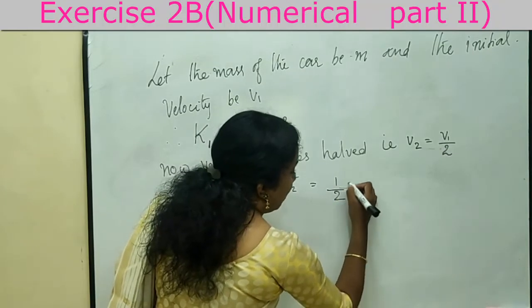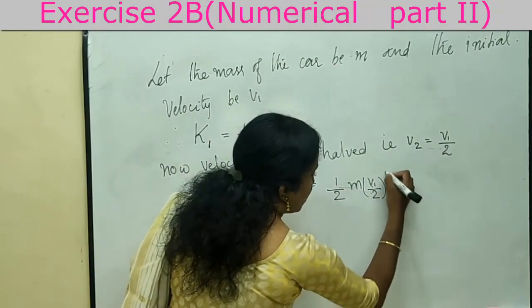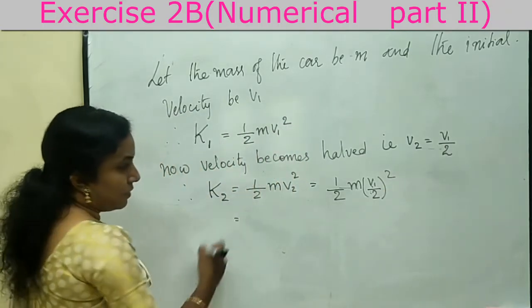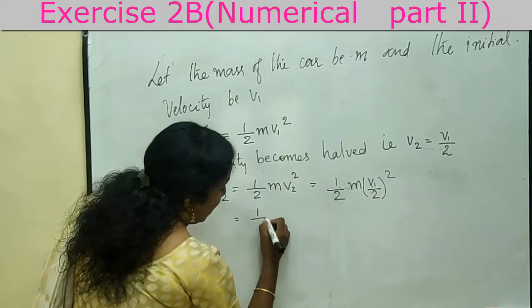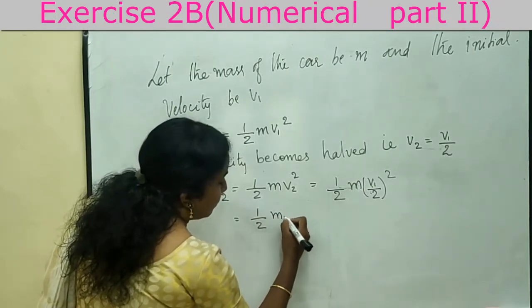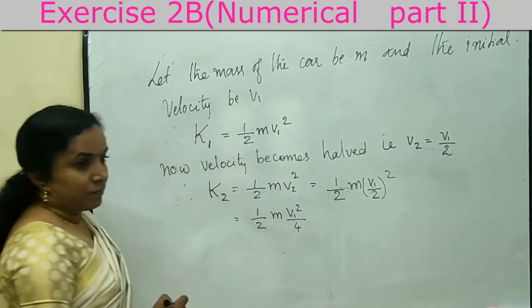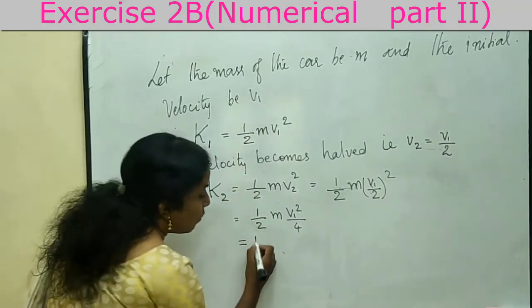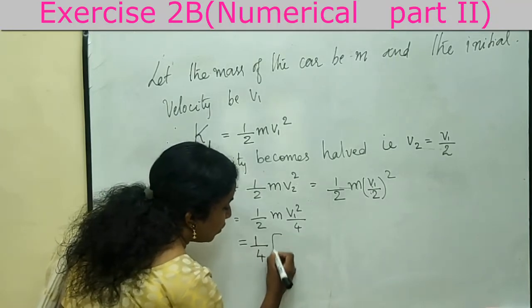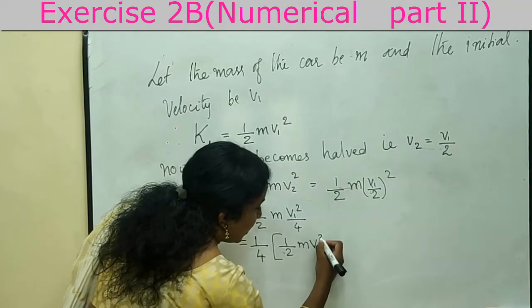So it is half m, v1 by 2 the whole square. It is half m v1 square by 4. We can rearrange it as 1 by 4 into half m v1 square.